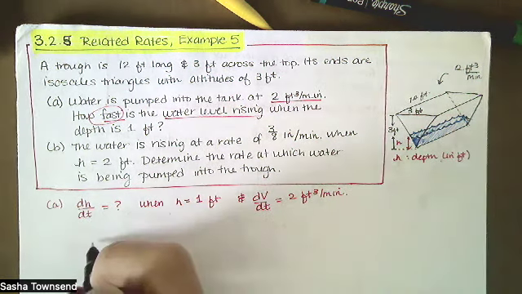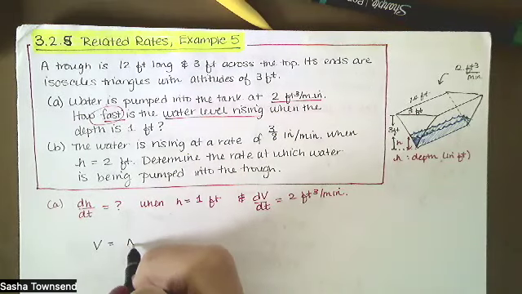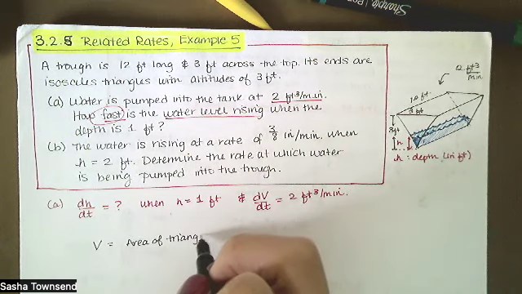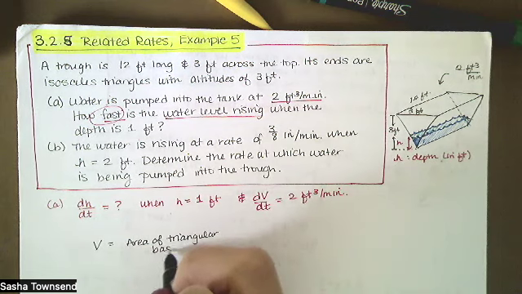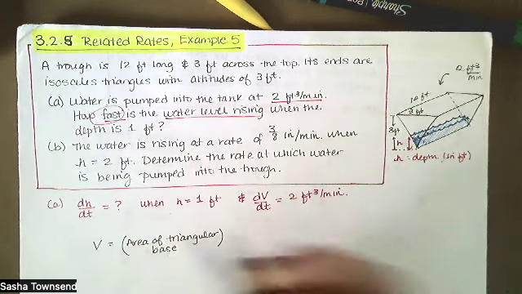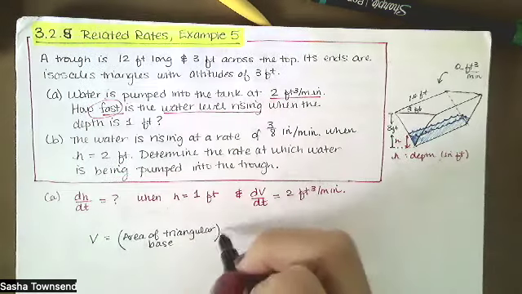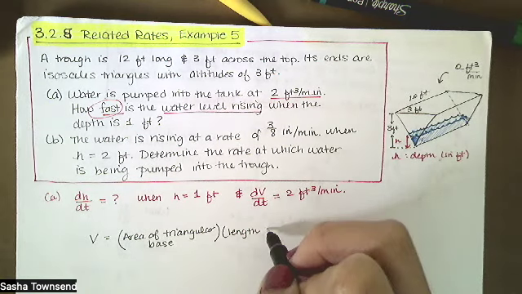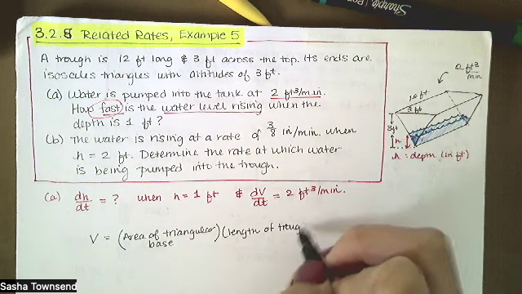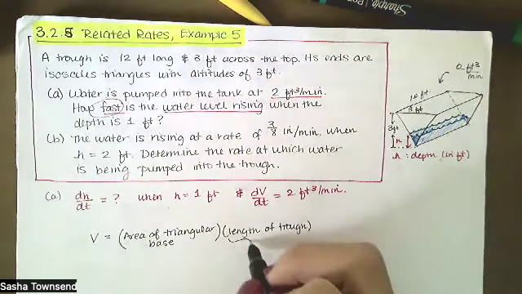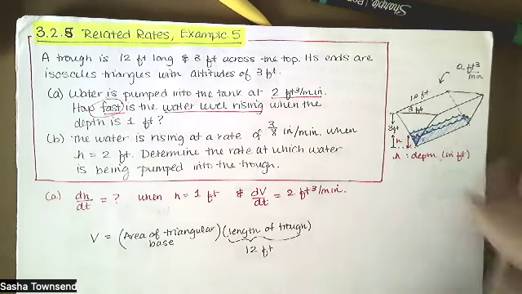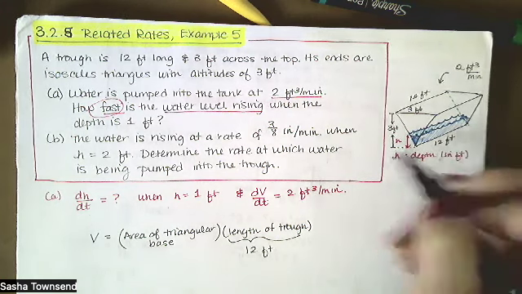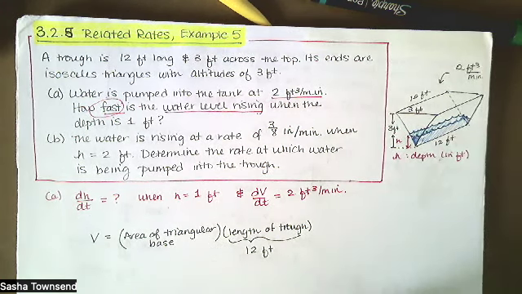So we have volume is going to be the area of the triangular base times the length of the trough. They're calling it a trough rather than a tank. The length is 12 feet. And that's always 12. It doesn't change. But the height changes, so the area of the base changes.